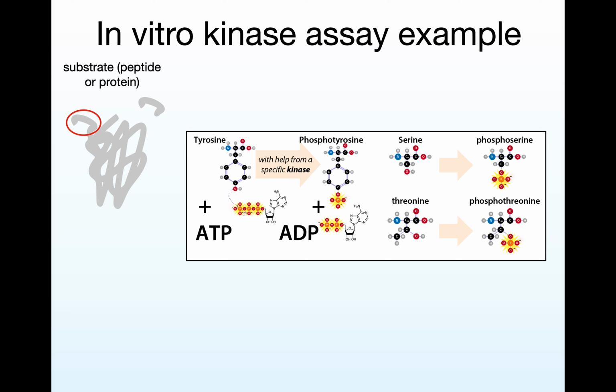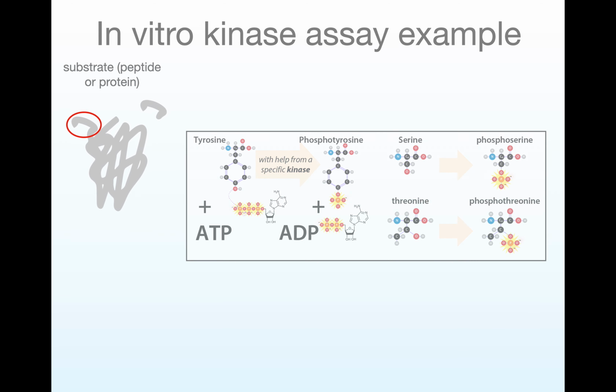Often kinases will be serine threonine kinases, so they'll do serine or threonine, or they'll be tyrosine kinases, so they'll do tyrosine. You can see serine and threonine are pretty similar, and they're both kind of smallish. But tyrosine is big and bulky, so you often won't have a kinase that does both tyrosine and serine, because they're so different in size. The kinase's active site, the part where it actually does the phosphorylating, has to be a different shape and size to make that happen. But serine and threonine, they can often do both.